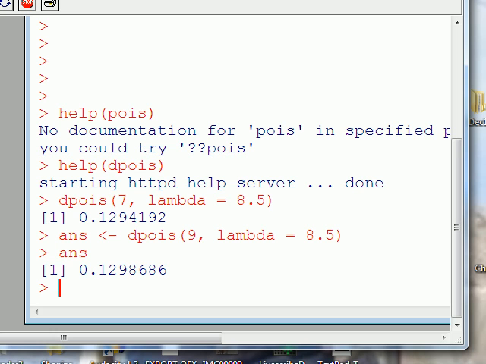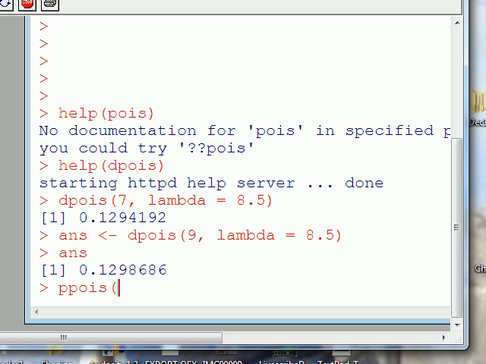Now let's look at at least or less than. And the parameter we have to work with now is going to be lower tail. If lower tail is true, which is the default, it will give you all the values less than a certain value. If you set lower tail equal to false, it will give you the other case. And instead of using D, which gives me just one number off the distribution, I have to use P. So I'm not going to give it a name, I'll just go, I need 2 of them.